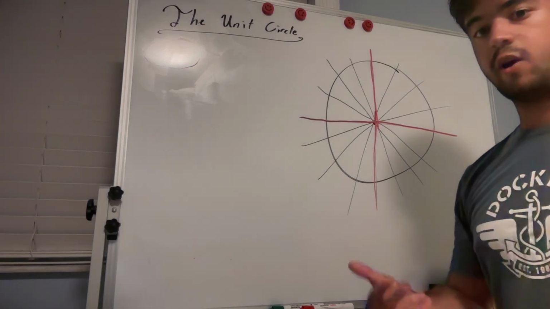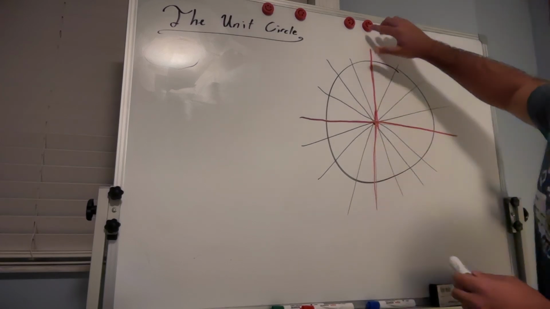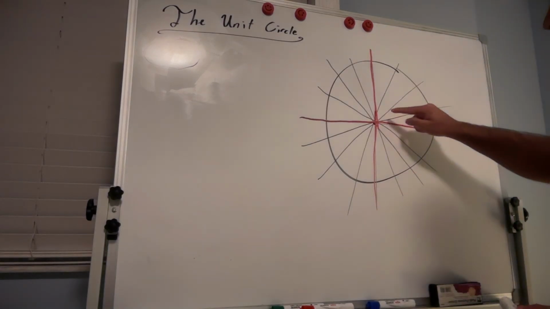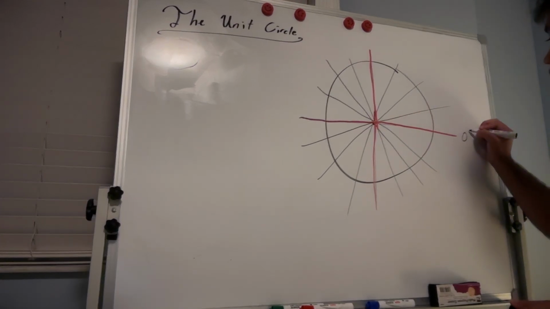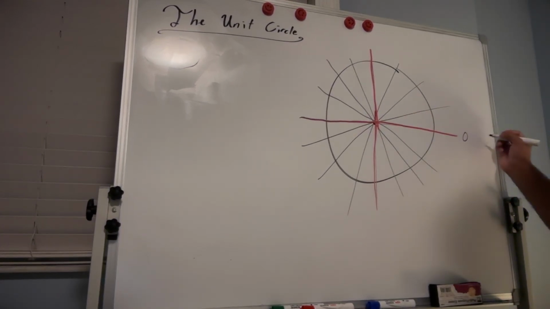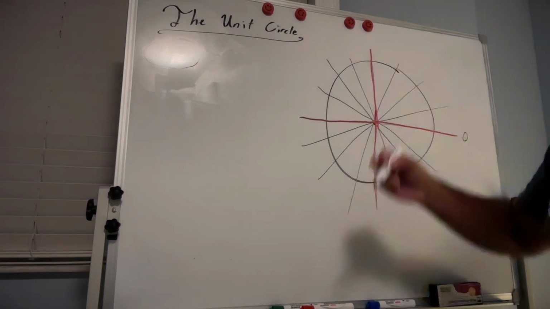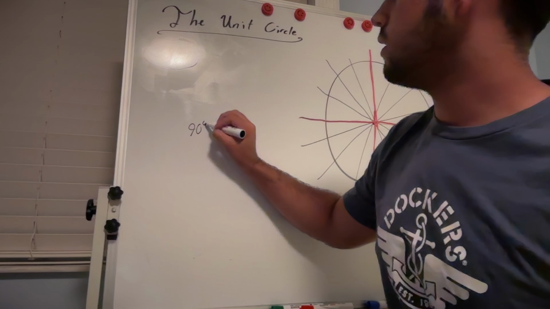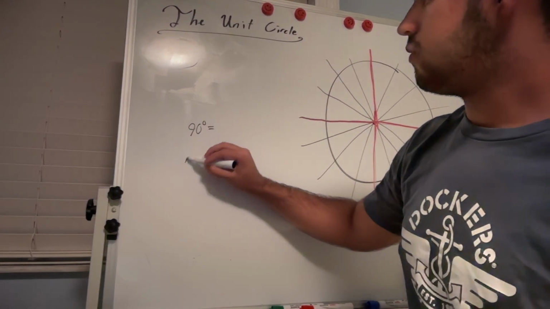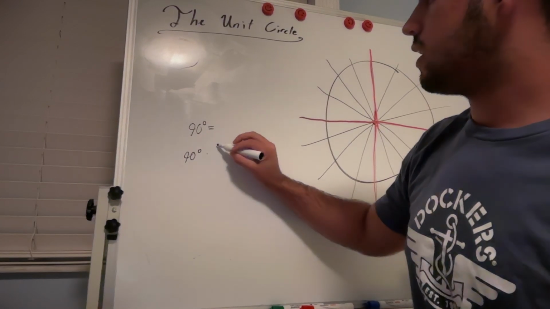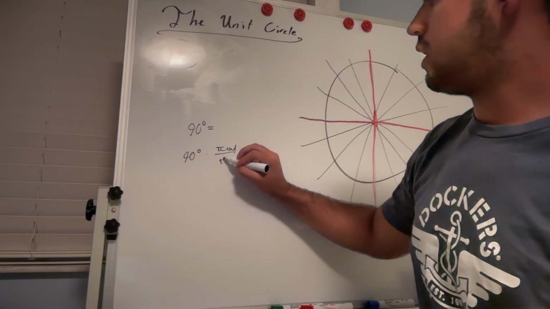So we know that a right angle is 90 degrees, which means that if we're starting here at 0 degrees or 0 radians, we can say that here is 90 degrees. And if we quickly find how much 90 degrees is in radians, we get 90 degrees times pi radians over 180.